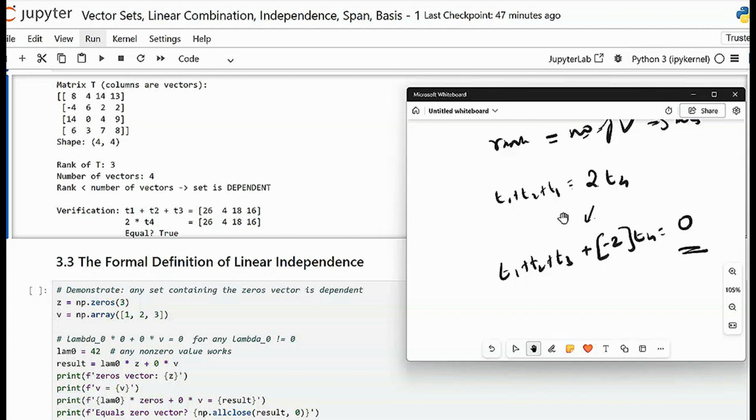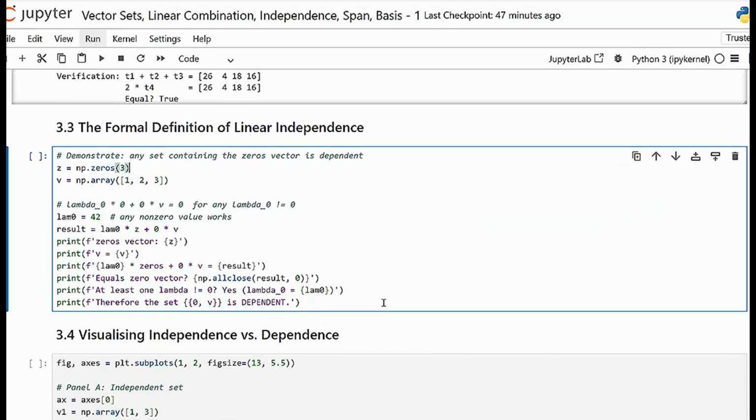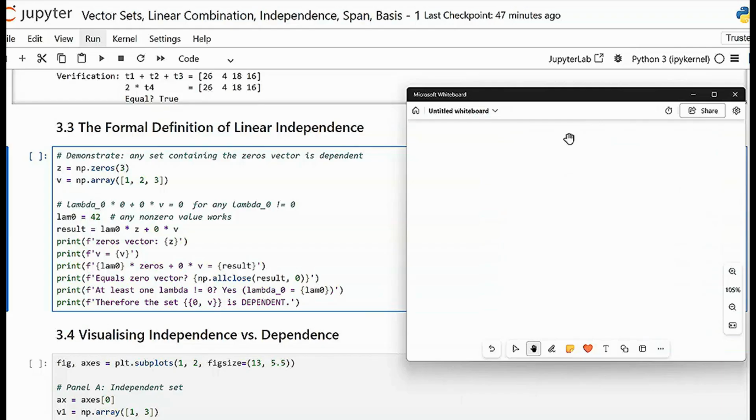Now let me move on to the formal definition of linear dependence. Dear friends, kindly observe one important thing. We have a set, let our set be V1, V2, V3 until Vn.